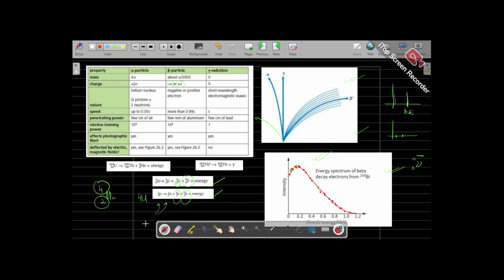But the problem is the Coulomb's repulsion is almost 10 raised to the power like 30 something times greater than that of gravitational attraction. And in order to balance that repulsion, there is another force that works within the nucleus, that is called strong nuclear force.